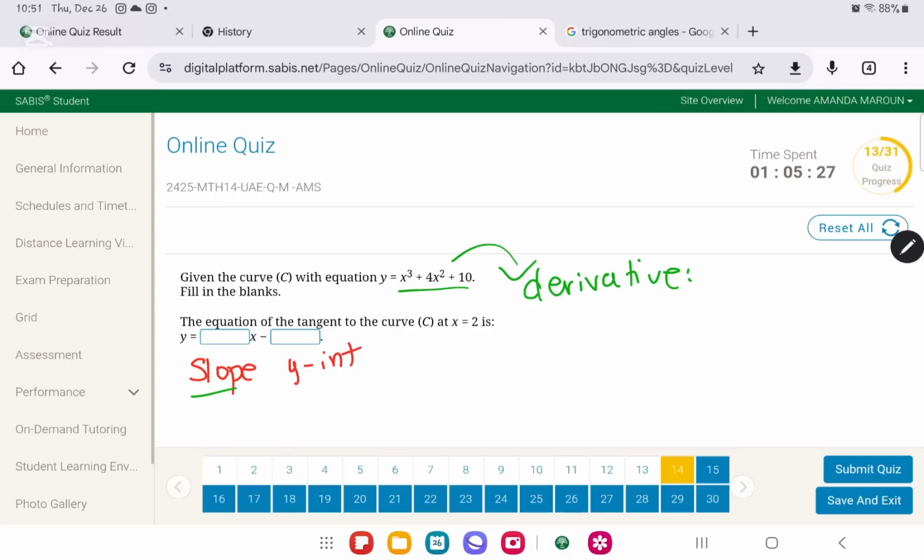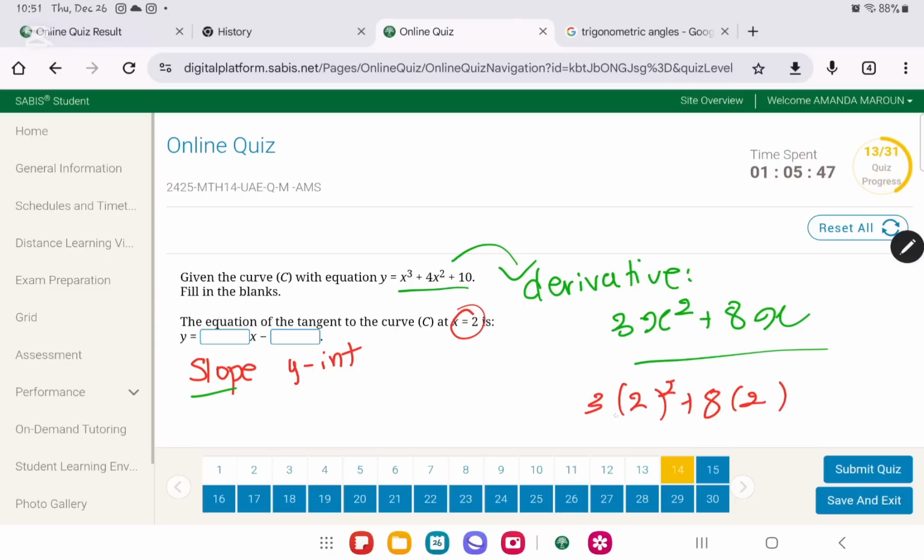Finding the derivative, it is going to be 3x to the power of 2 plus 8x. This is our derivative. Now, to find the slope, we are going to substitute x as 2. So, 3 times 2 to the power of 2 plus 8 times 2. That is 3 times 4, so 12 plus 16, which is then 28. So now we have our slope, which is 28.